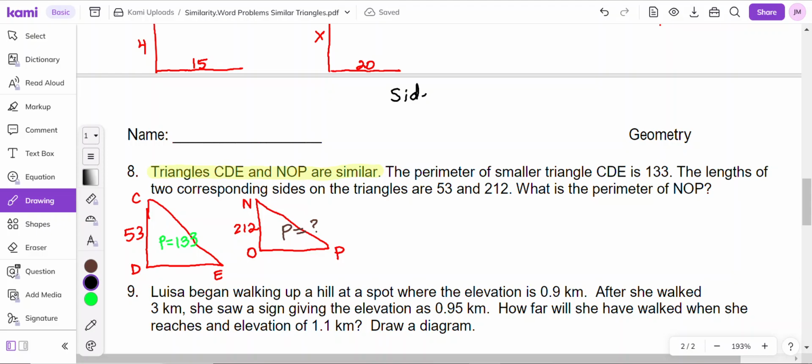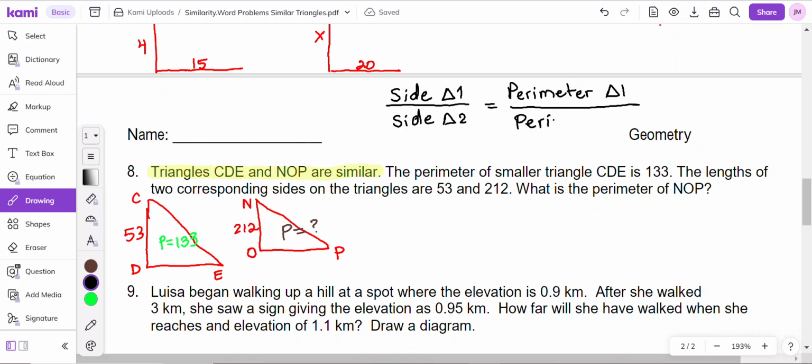Side from triangle 1 that corresponds to a side in triangle 2, this ratio is equal to the perimeter of triangle 1 over the perimeter of triangle 2.